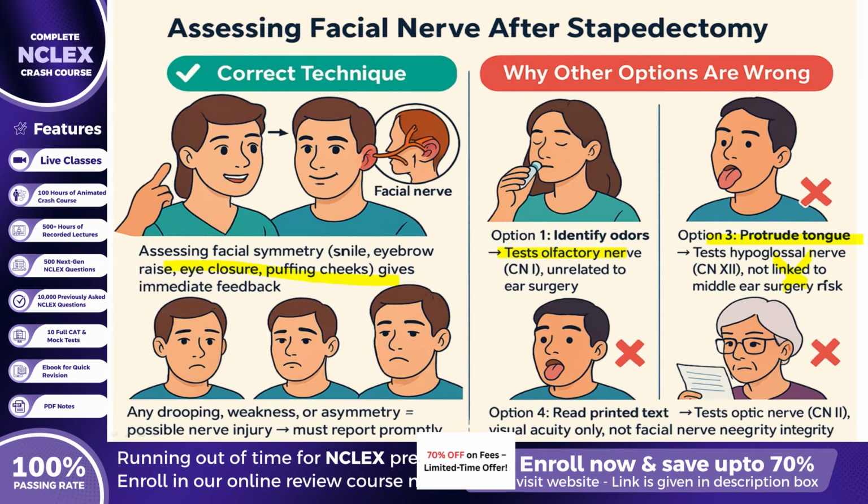While useful in neurosurgical or stroke clients, it does not reflect risk from middle ear surgery. Finally, option 4, reading printed text from a card evaluates the optic nerve, cranial nerve 2, which controls visual acuity. Although critical in neurologic exams, it is not the priority concern following a stapedectomy.